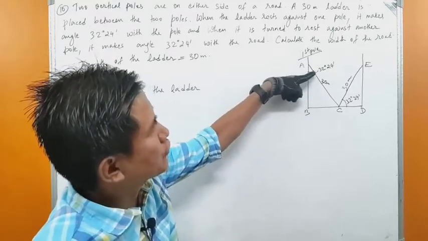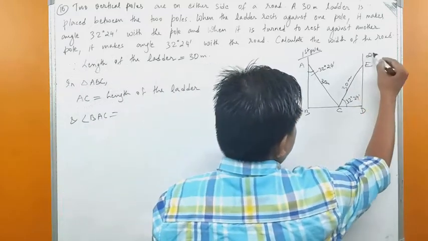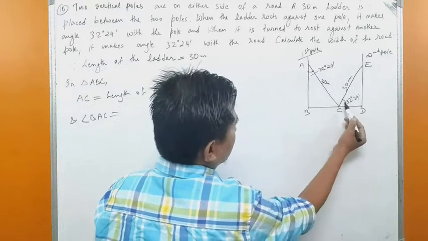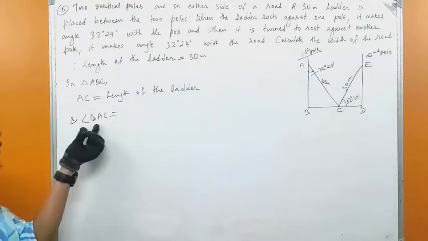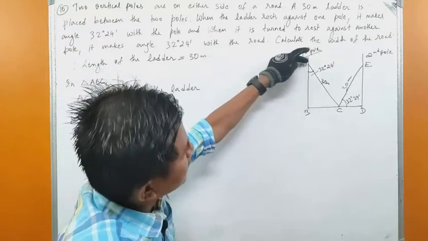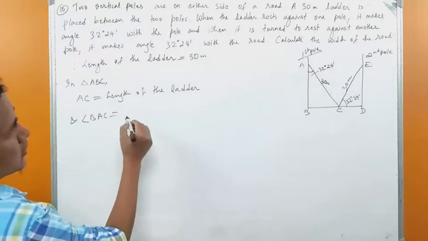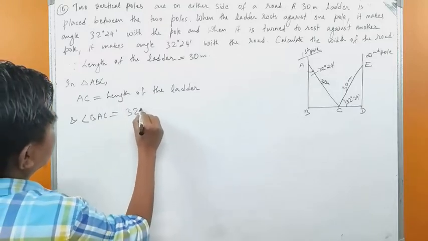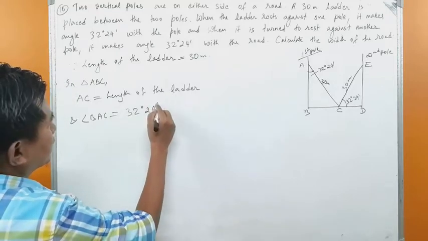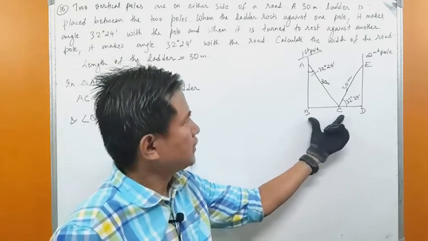In the first case the ladder makes an angle with the pole. In the second case, this is the second pole, the ladder makes an angle with the ground. We must note this. Angle BAC, angle A should lie in the middle. BAC is how much? 32 degree 24 minute. Now we need to find BC, isn't it?